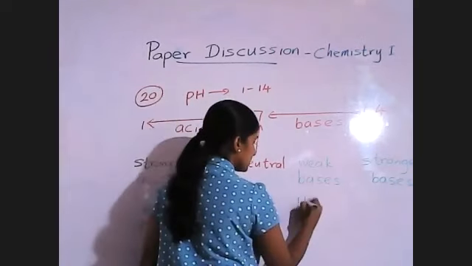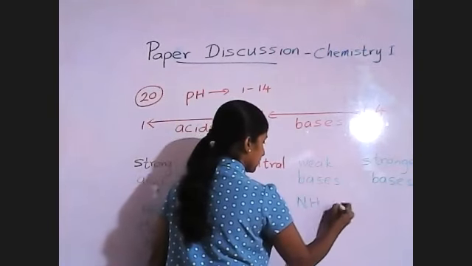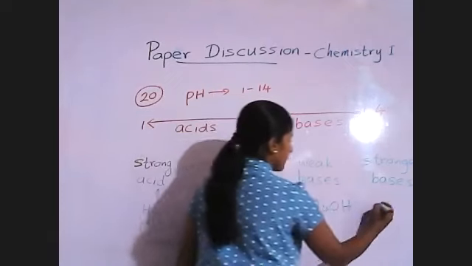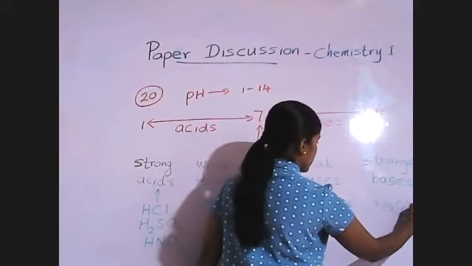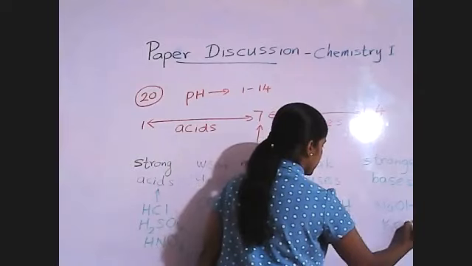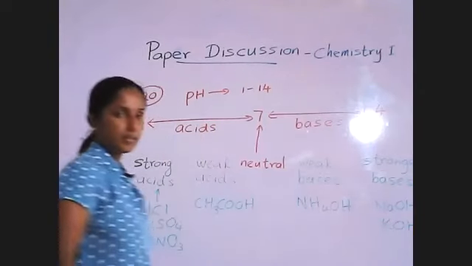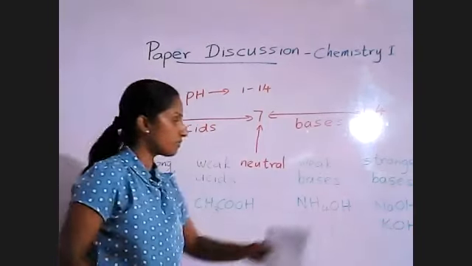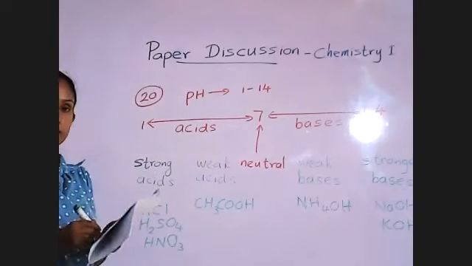For the weak bases, like ammonium hydroxide, or we can say liquid ammonia. For strong bases, we can write sodium hydroxide, potassium hydroxide. This is how the pH value differs.